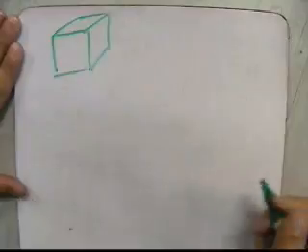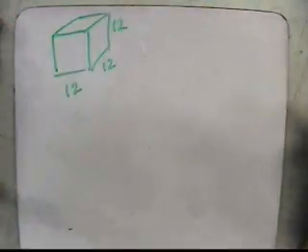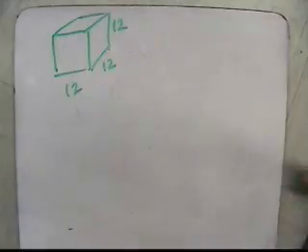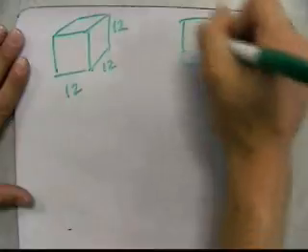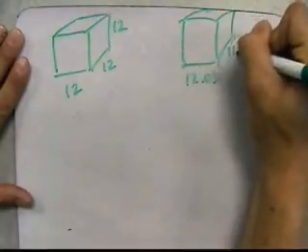Let me show. Let's say I have a cube. Let me draw it. There's my cube, and I want these sides to be 12 and 12 and 12, right? If I'm manufacturing these cubes, they're not all going to be perfectly 12. They might be a little bit off, so I've got a little margin for error. I could have this be 12.03 and this be 12.03.